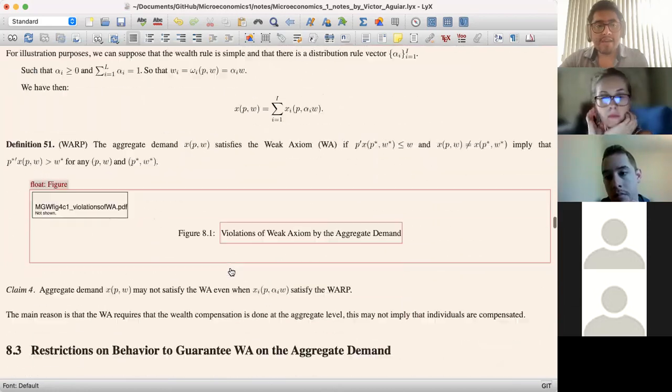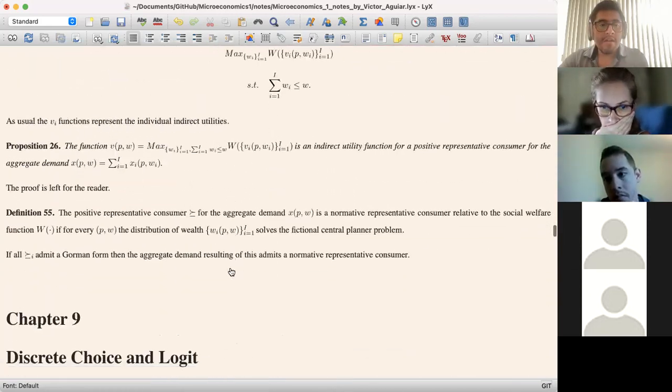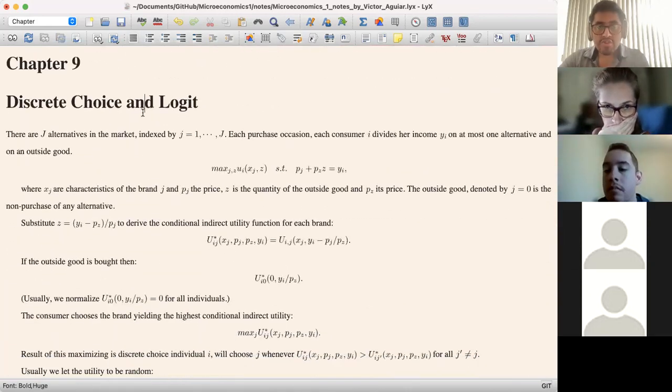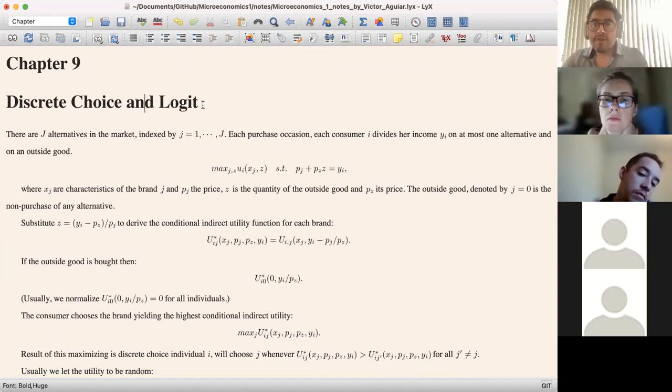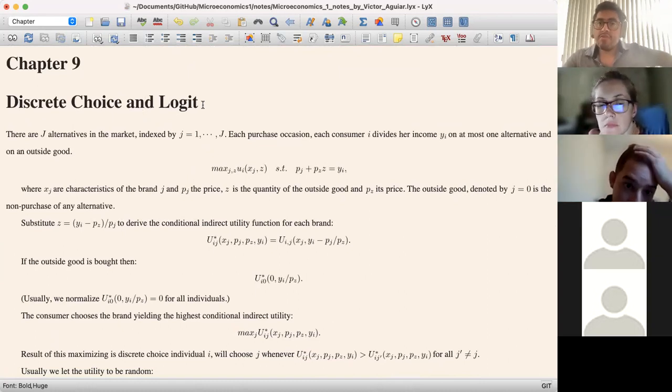Instead, I'm going to use my time on this chapter, which is not in Mas-Colell and which is modern: discrete choice and logit. Essentially, this is a chapter on random utility. It means that we allow decision makers that, on top of having some utility that they're maximizing, may be subject to random shocks.